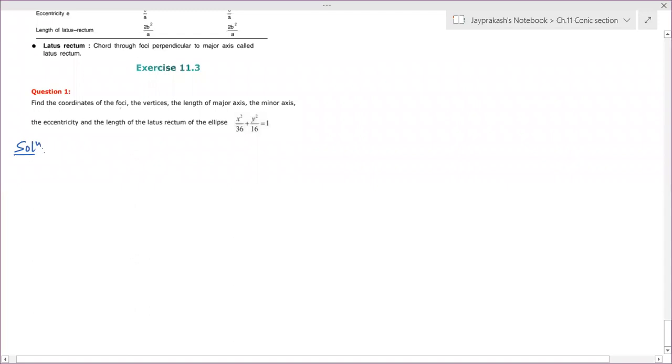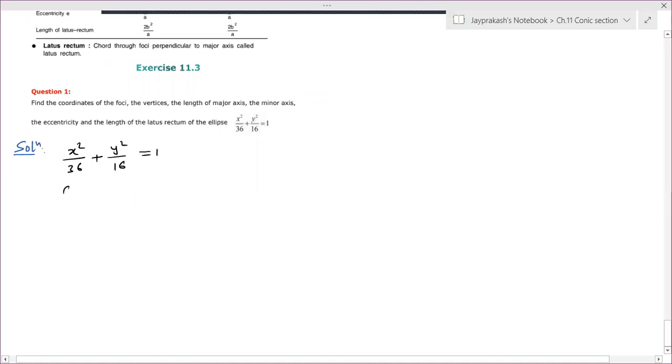Related to the ellipse, we have to find the foci, vertex, length of the major axis and the minor axis. First we will decide which denominator is greater, x square denominator or y square denominator. So we have the given equation x square by ... so the denominator of x square is greater.